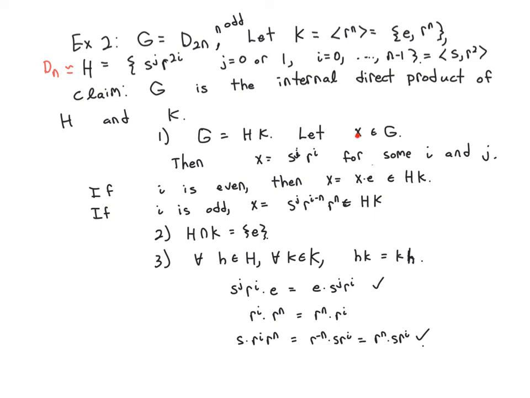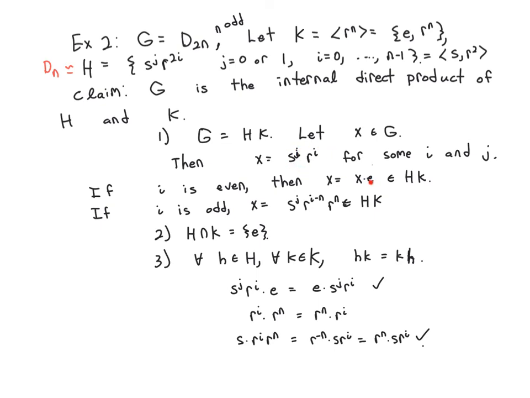Well, let's take an element x in G. Then it must be of the form s to the j, r to the i for some i and j. So if s to the j is 0, you have a rotation, otherwise you have a reflection. If i is even, then there's nothing to do.